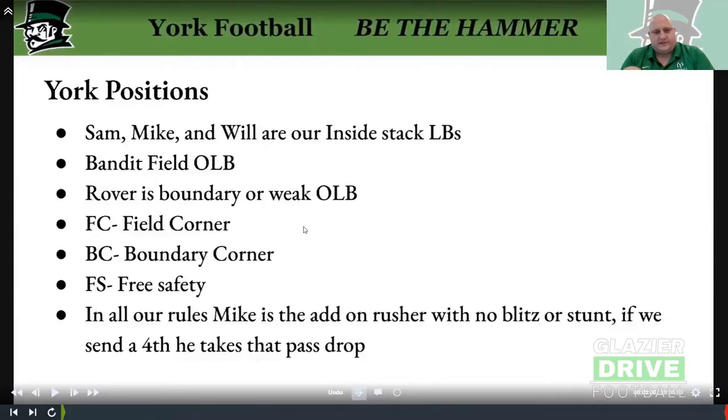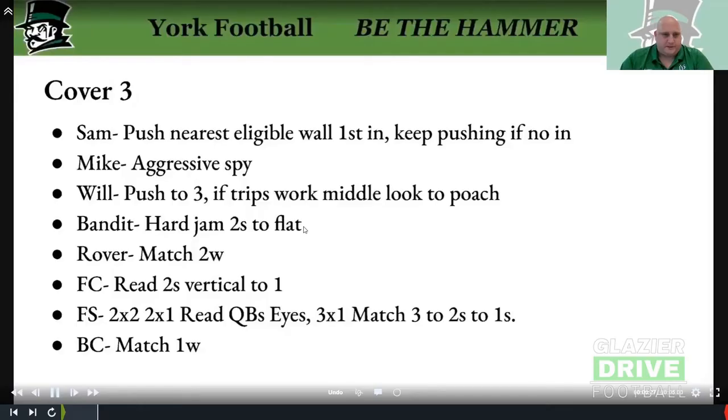One thing you're going to see on the first two slides, because you're going to be wondering what your Mike linebacker is doing: in all of our rules, since we're a 3-3 team, if we are not blitzing to send a fourth guy, our Mike is automatically the fourth rusher. If we don't have a blitz or stunt on, he actually goes and gets to rush the passer, and gets tons of sacks out of that. We're going to show that in the first two clips here.